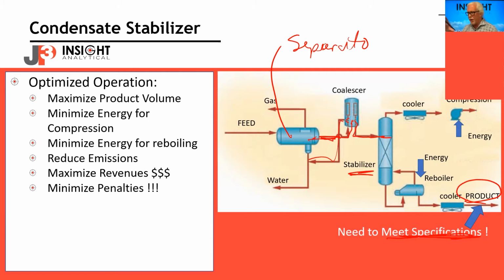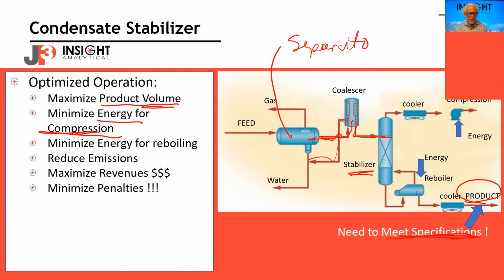Talk a little bit about pipeline specifications and allowable butane contents, etc. But from other perspectives, when we can optimize that operation, we optimize our product volume. We produce more barrels of liquid. Again, most valuable product that's coming out of a gas processing facility. We also push less gas to the overhead side, which minimizes the amount of energy we need for recompression.